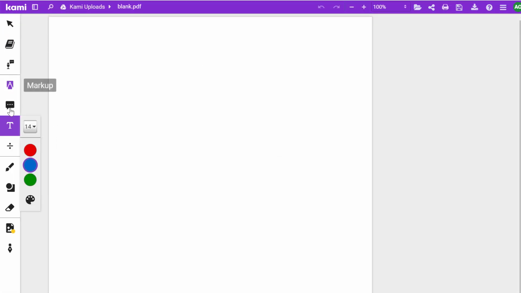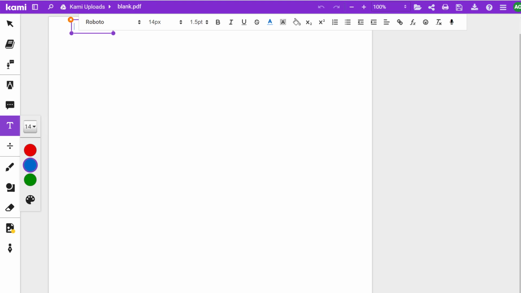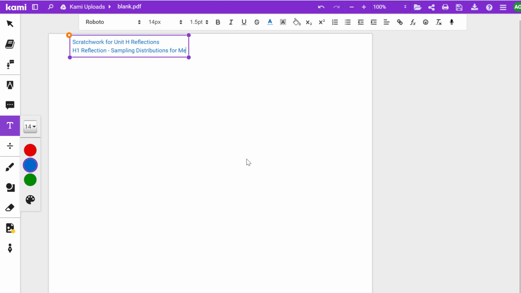And this is, we'll say, scratch work for unit H. Hate it when it gets covered like that. Scratch work for unit H reflections. And we're doing the H1 reflections, which is sampling distributions for means.